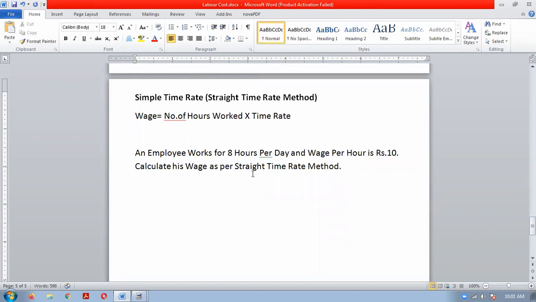So simple question. Here we have to use the straight time rate method. So how will we calculate wage? Wage will be number of hours worked into time rate.